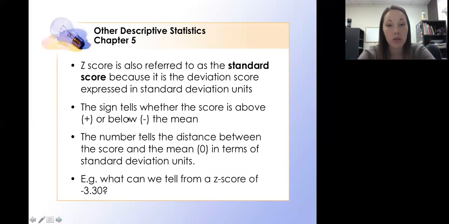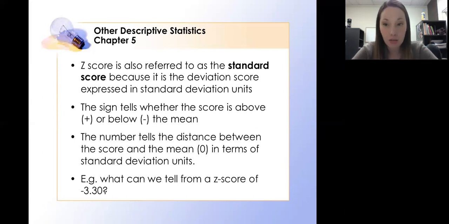The Z-score is referred to as a standard score, as I said earlier, because it is the deviation score expressed in standard deviation units. So it tells us how far each individual score deviates from the mean, how far away it is from the middle of the distribution. So that's really important to note.